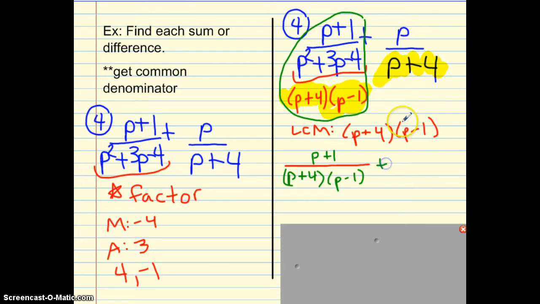What will need to happen is over here I have p plus 4, but I still need to multiply by p minus 1. Wow, Mrs. Morgan. Apologies, guys. These should be minuses.